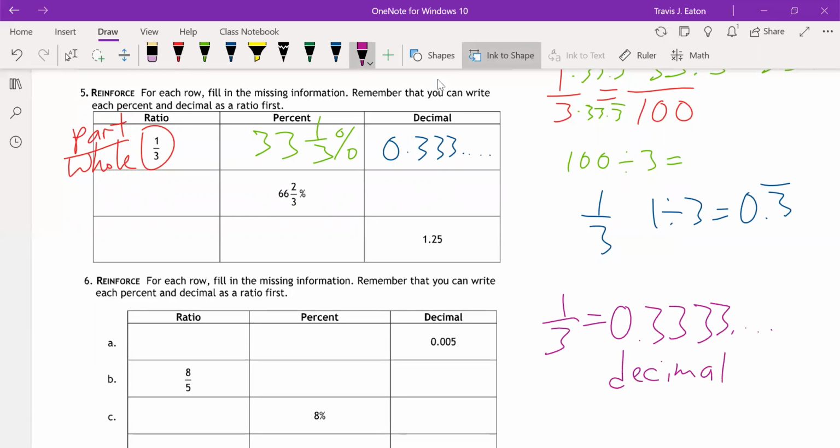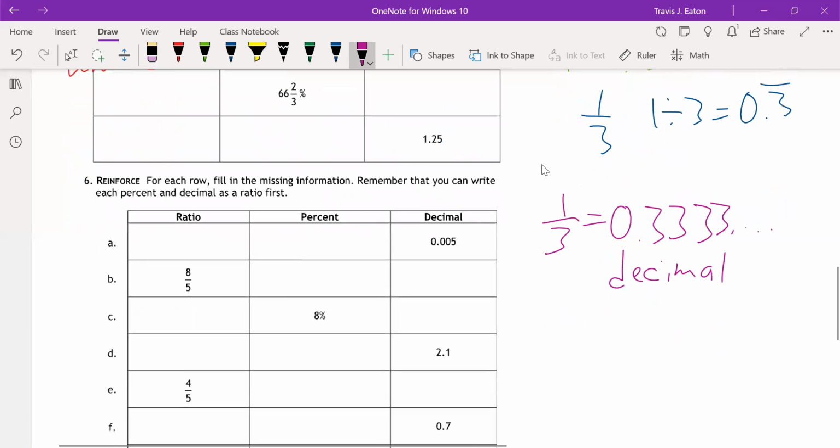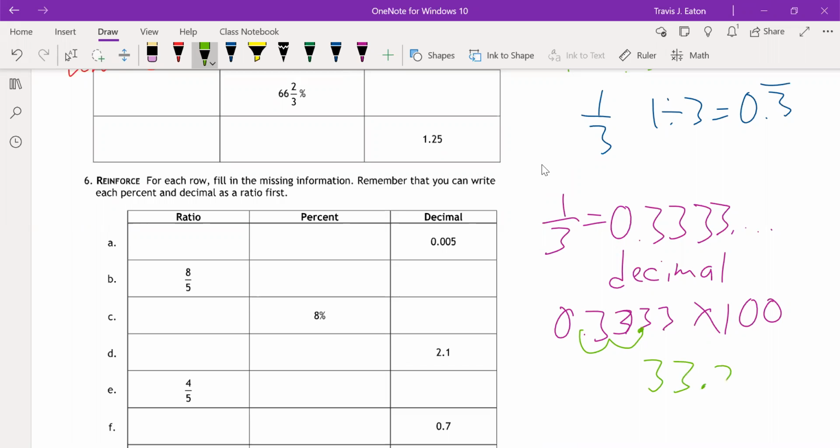Now, the next logical step is to take that decimal, which is 0.33333, whatever, and when I multiply that times 100, that basically means I'm going to move my decimal point 2 places to the right, and that would give me 33.3 repeating percent.